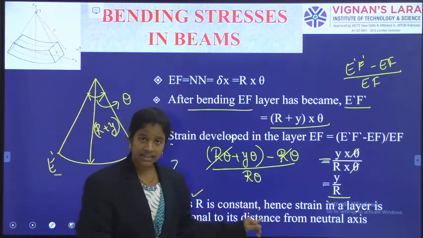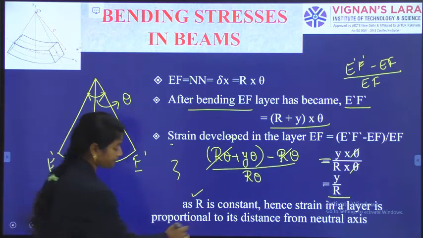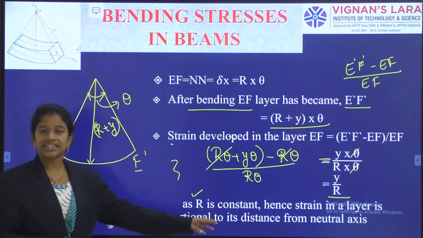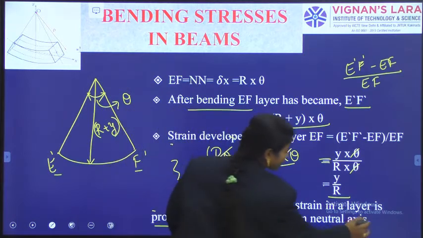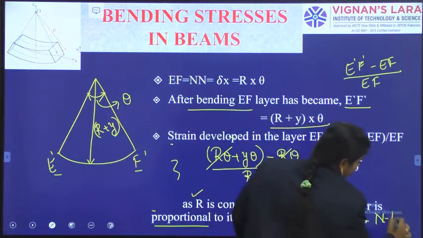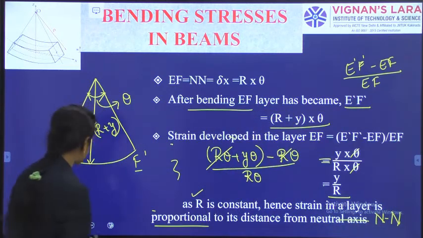So as R is constant, hence the strain in the layer is proportional to the distance of the layer from the neutral axis or the neutral layer. So strain is directly proportional. What we are saying?